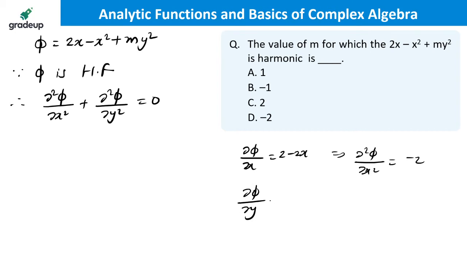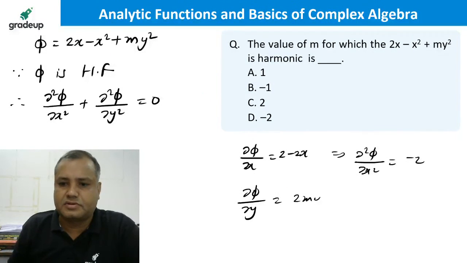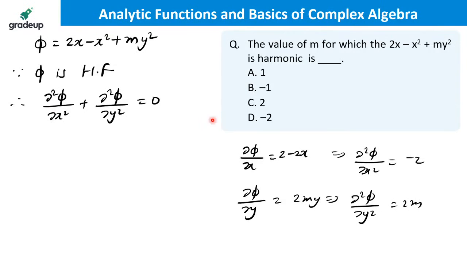Similarly, partial derivative with respect to y, x will be constant, its derivative will be twice my, and double derivative will be twice m. So addition of these two will be 0. So minus 2 plus twice m equal to 0. So m will be equal to 1. So m equal to 1 should be your answer.